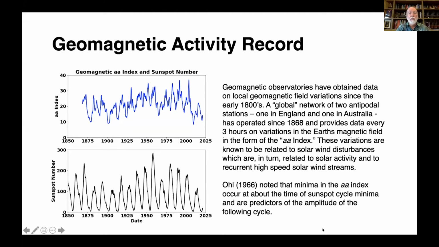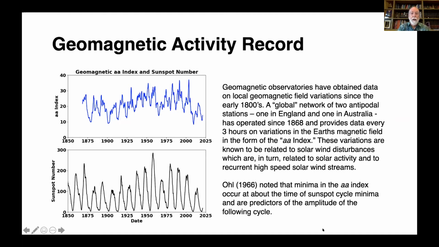Again, they moved stations a couple of times, so there are some adjustments that need to be made to make it uniform. But this is the data set in blue on the top, the AA index, and the sunspot number on the bottom.